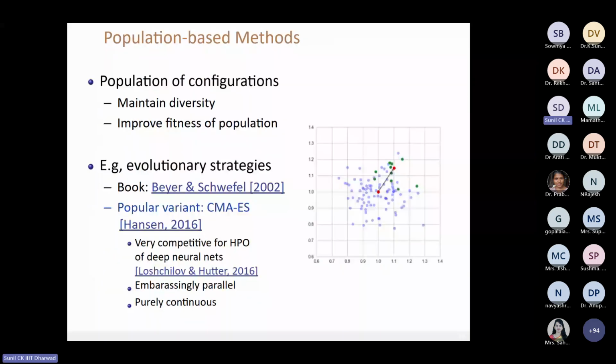Some of the other things are population-based methods. There we can see populations of configurations, maintaining diversity, improving the fitness of the populations, and evolutionary strategies. These are some examples of that. They are very competitive for a few deep learning neural networks, embrace parallelism, and are purely continuous.